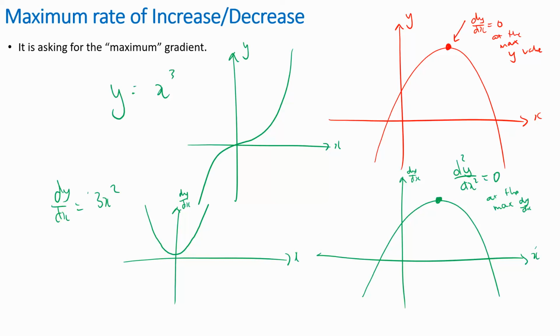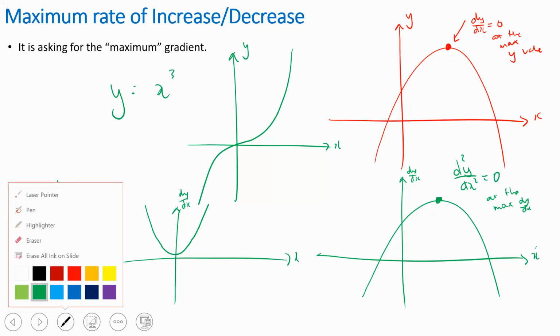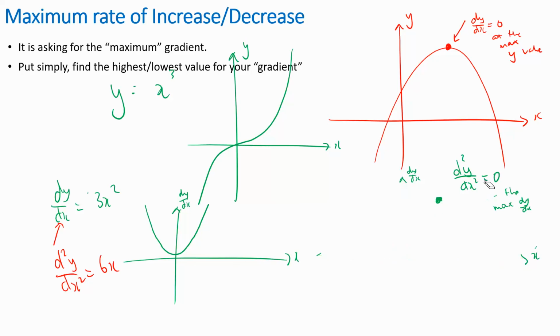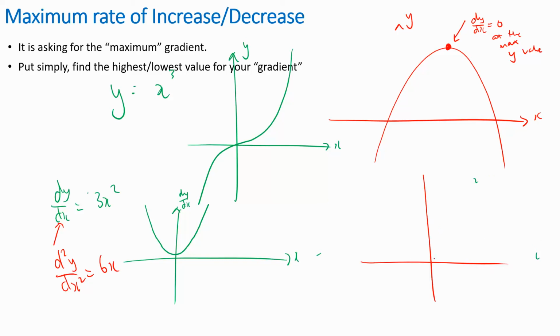So how do you find your lowest rate? You find the derivative of this curve, where the gradient is 0 at that point. So you say, all right, I'm going to find the derivative of this. That means we say the double derivative, and that would give you now 6x, which I'll draw over here. Double derivative, 6x will look something like this. This is d squared y over dx squared, and that's your x there.